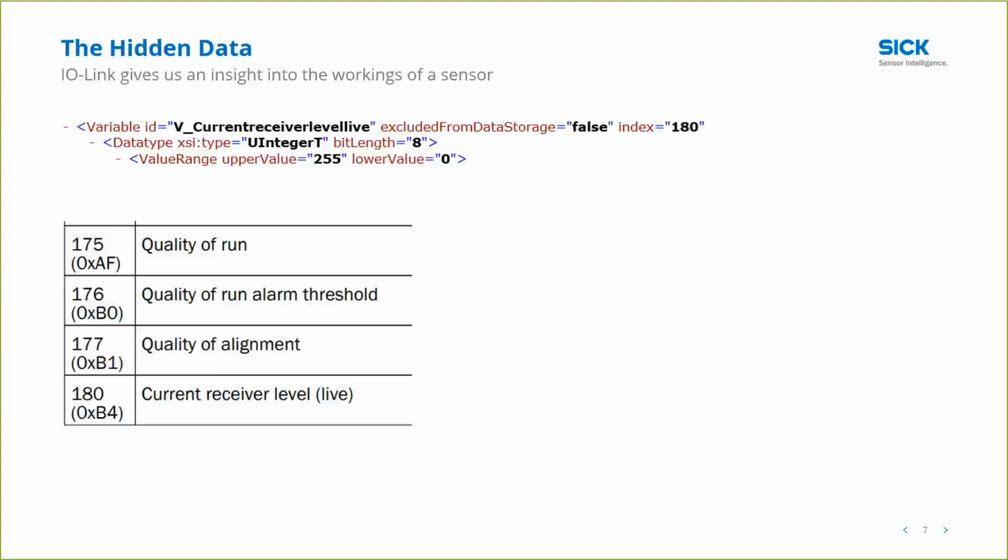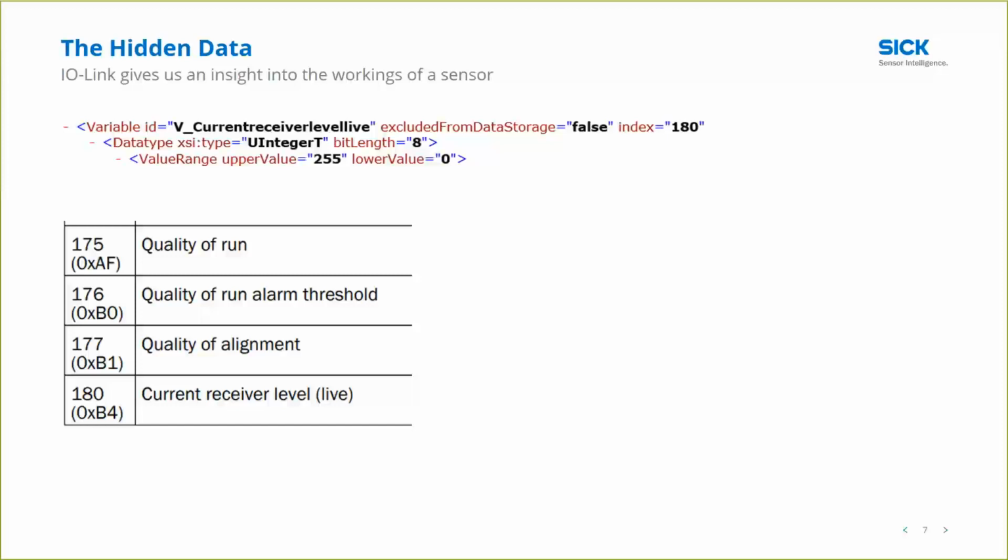And within there, we get all the information about process data, but we also get the information about this hidden data, the service data it's sometimes called, or parameter data. And that's accessed acyclically alongside the process data. So the process data is cyclical and comes through continuously, whereas the parameter data or the service data comes through on request, so it's acyclic.